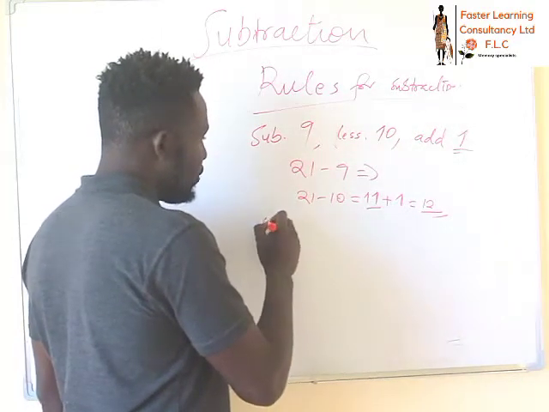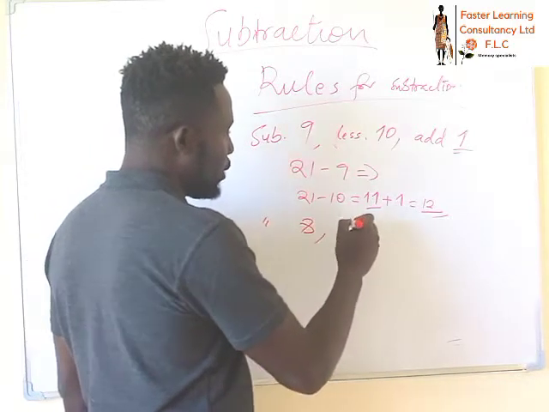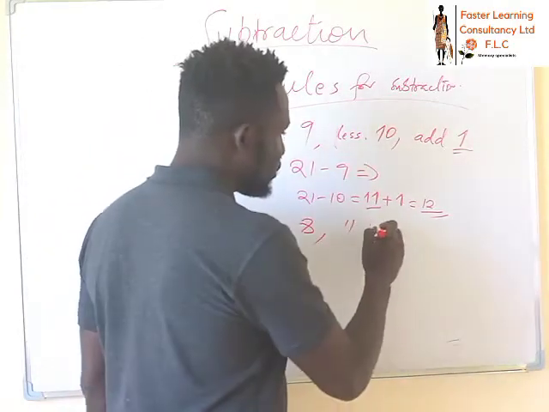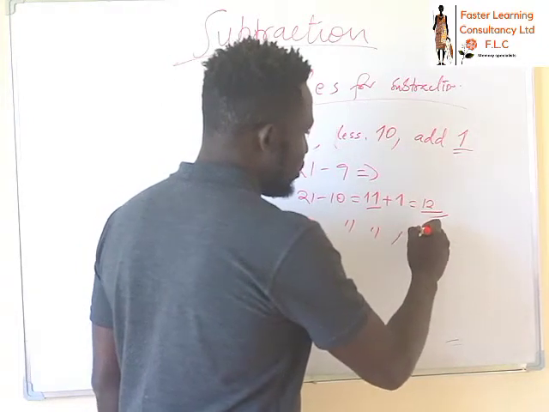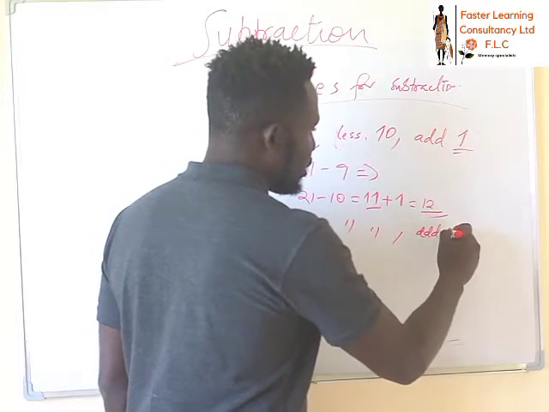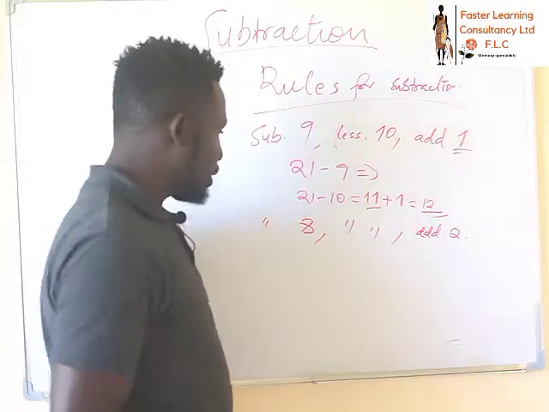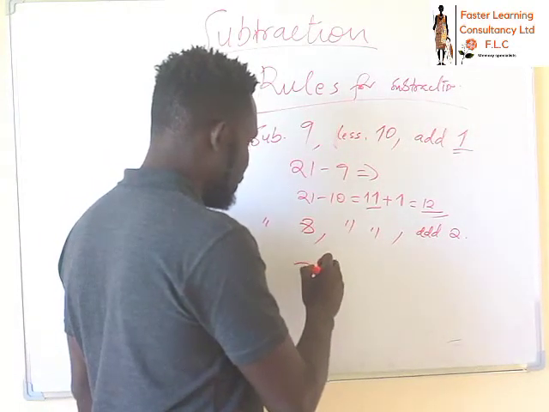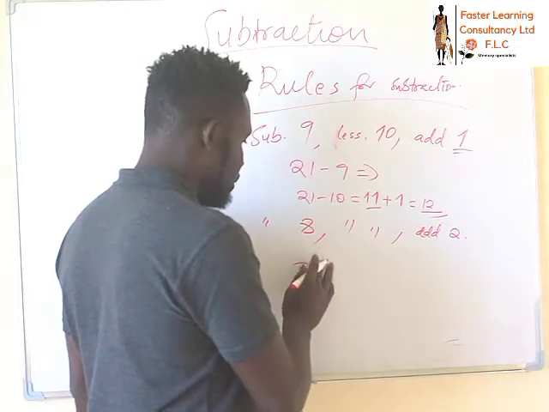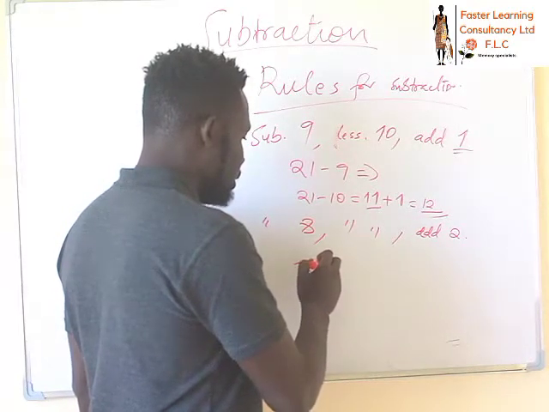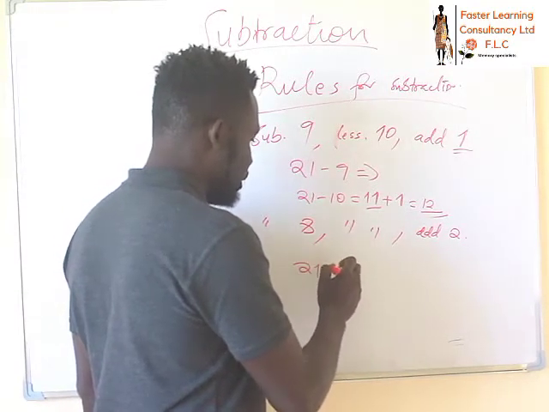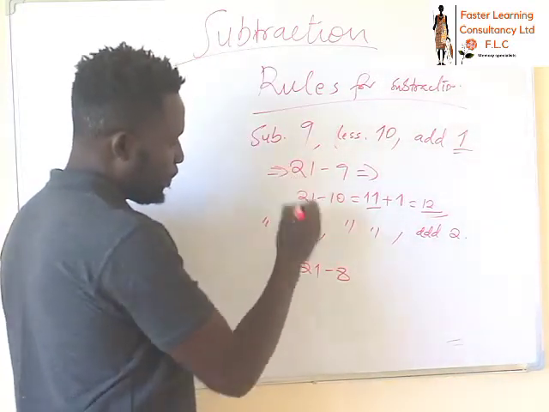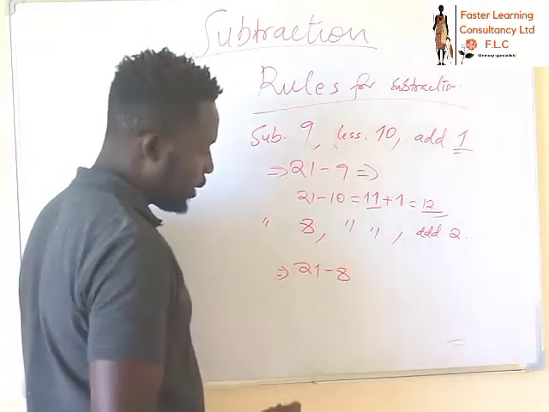If you want to do the same with 8, you just subtract 10, and in this case you add 2. An example would be, let's say 21 minus 8. We take the same example. So what are we doing?